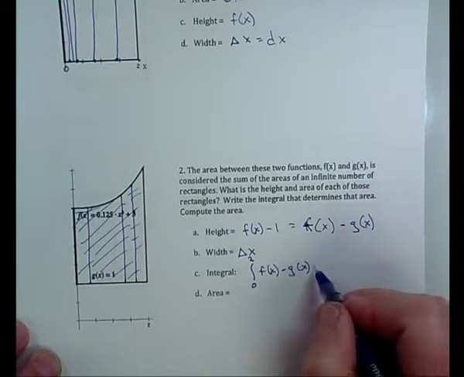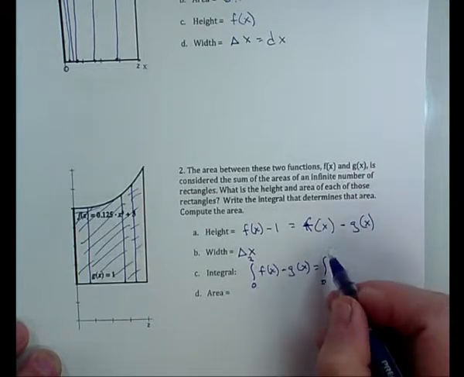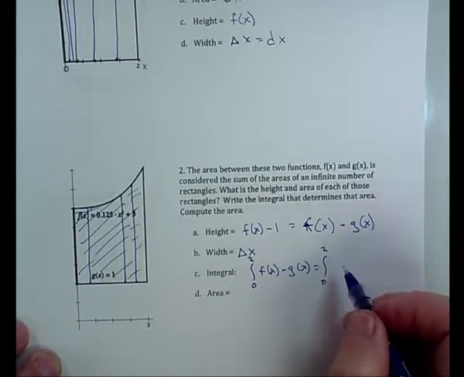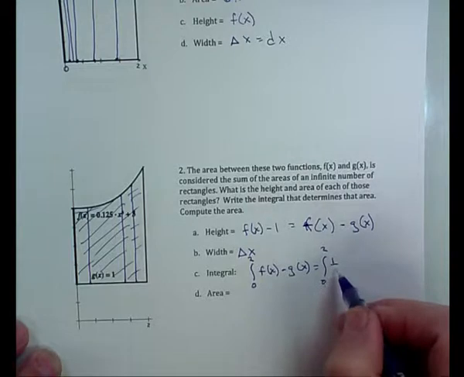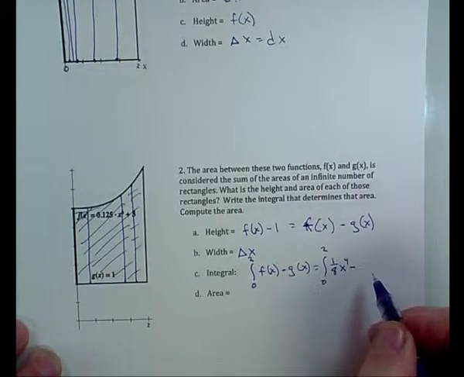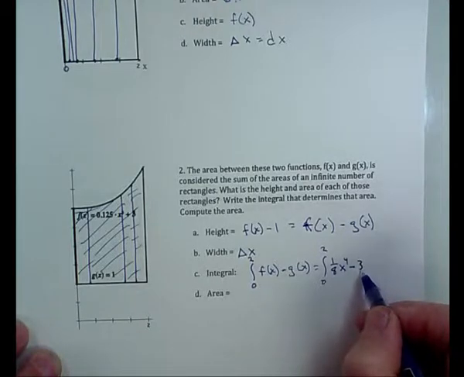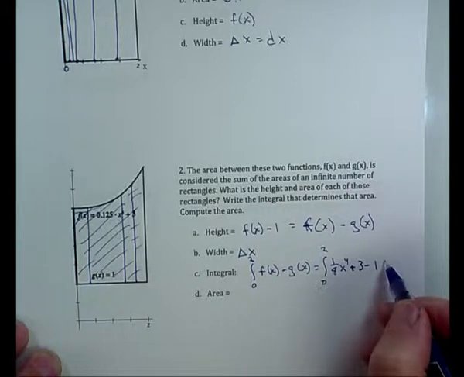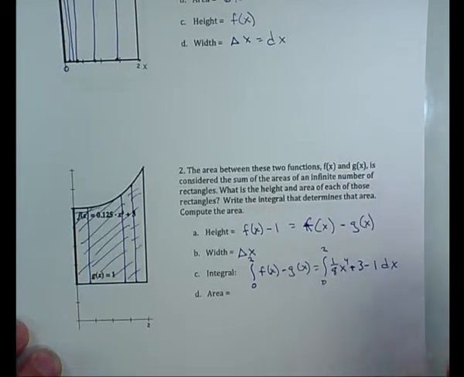So this is the integral from 0 to 2. f of x is 1/8 x to the 4th plus 3, minus 1, dx. Does that look right, Ryan?